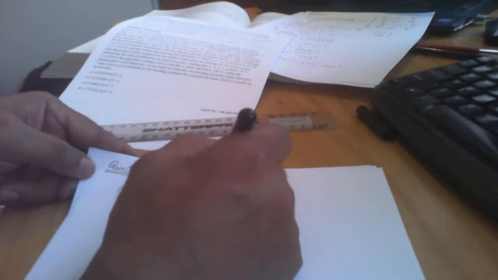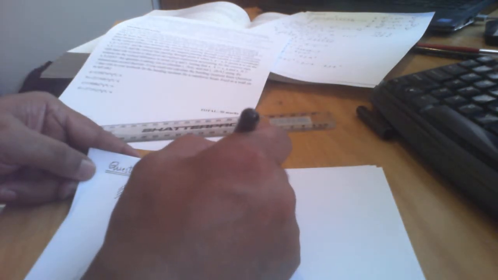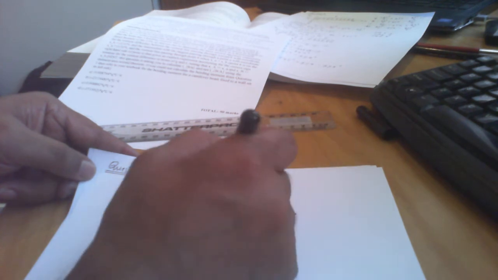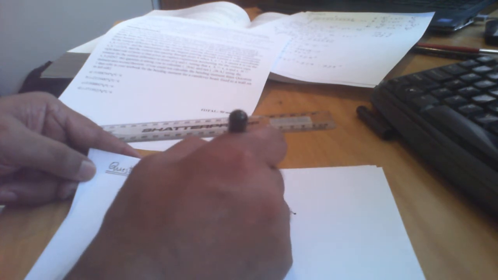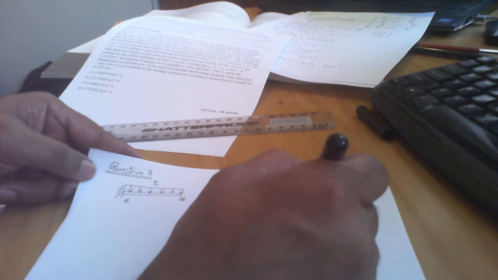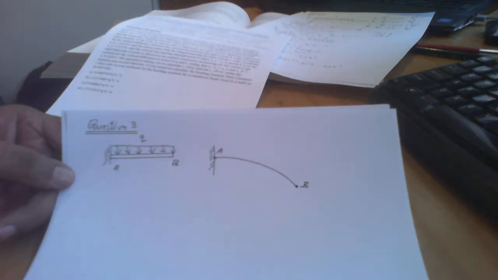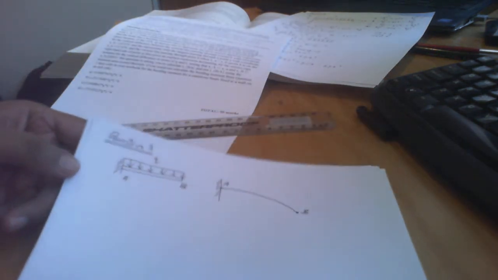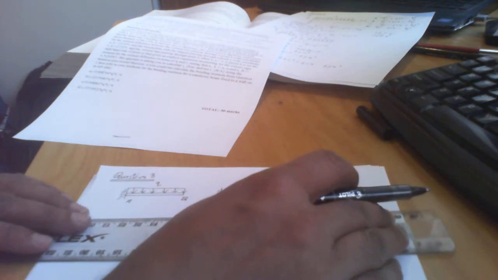The beam fixed to the wall would deflect in that form. The question is saying that there are 2 points along the length of the beam.